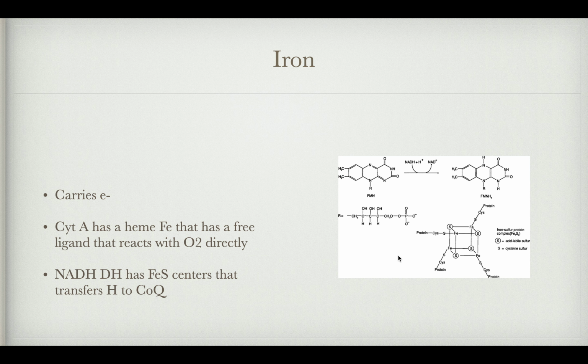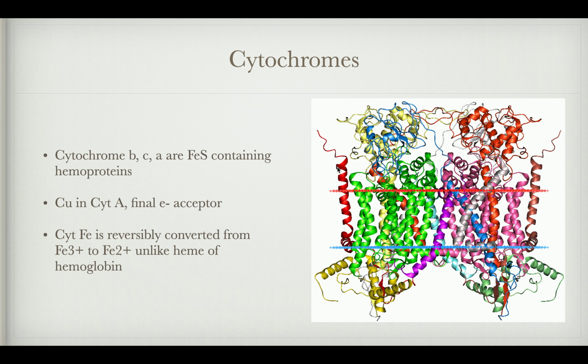And here are the structures. Okay, so cytochromes. Cytochromes B, C, and A are our iron sulfur containing hemoproteins. And copper in cytochrome A is their final electron acceptor.